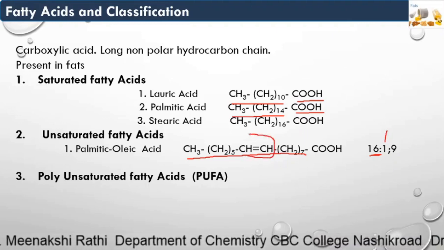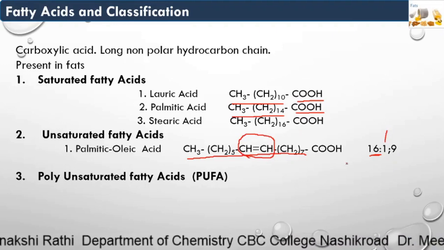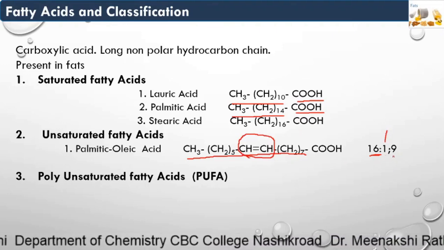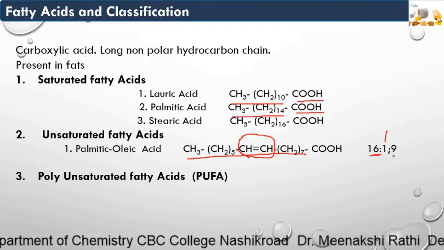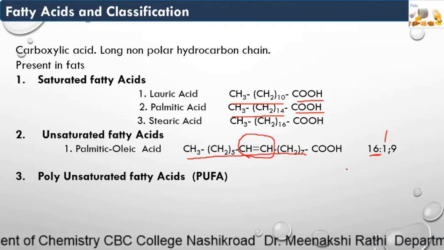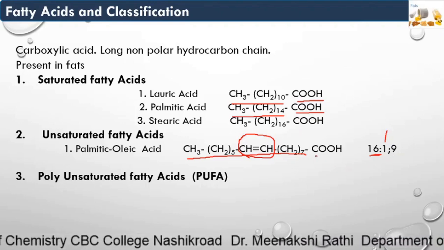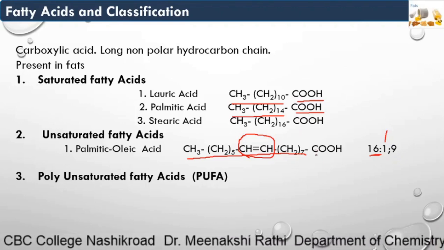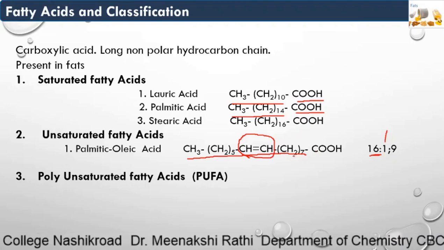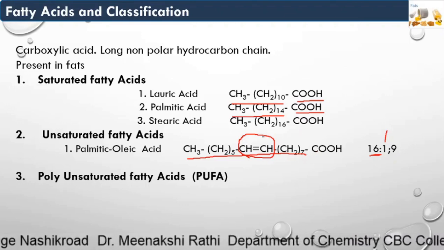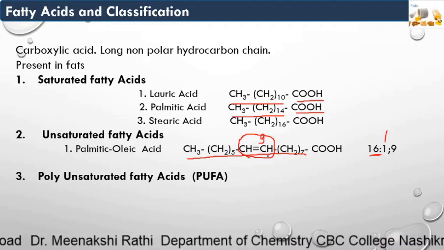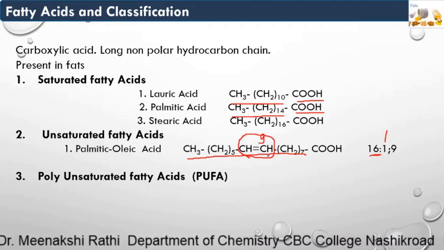As in this structure only one double bond is there, it is written as 1, and 9 indicates the double bond is present at the 9th carbon atom. Numbering of carbon atoms is always done from the COOH group. So this is the first carbon atom, these are 7, so 8, and this is the 9th carbon. At the 9th carbon atom, the double bond is present.